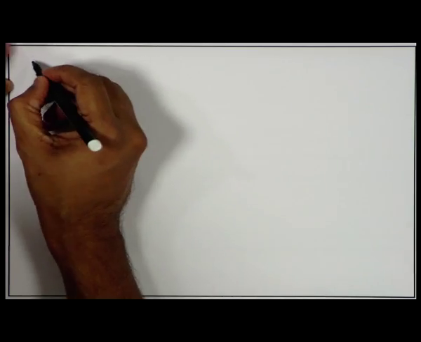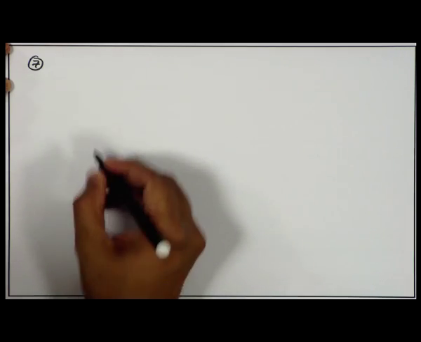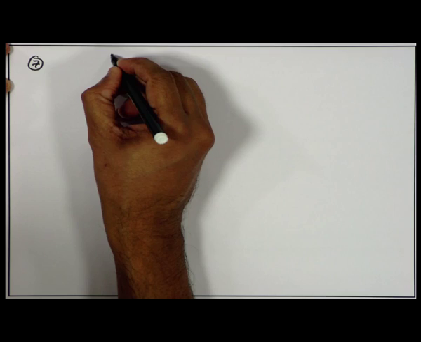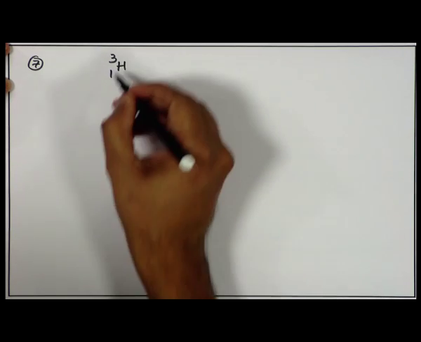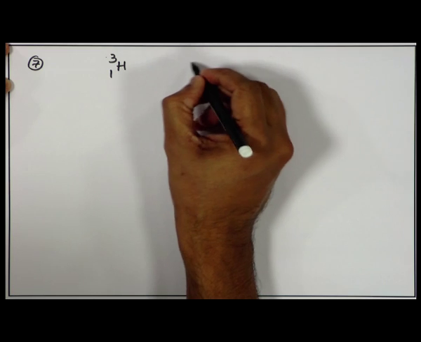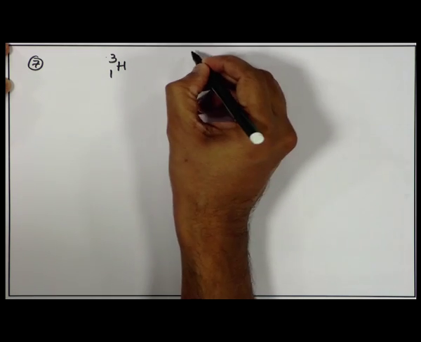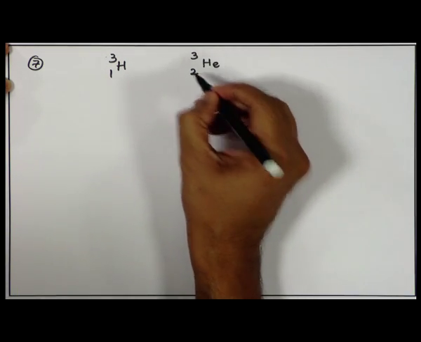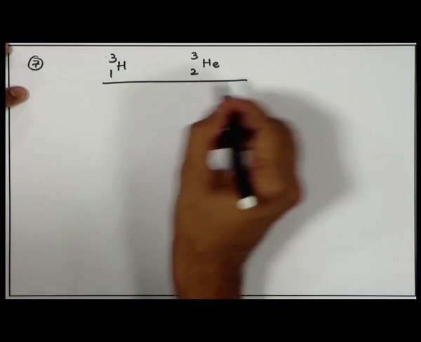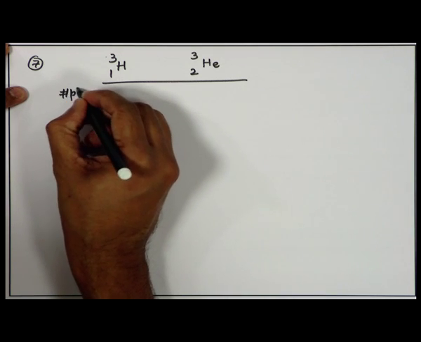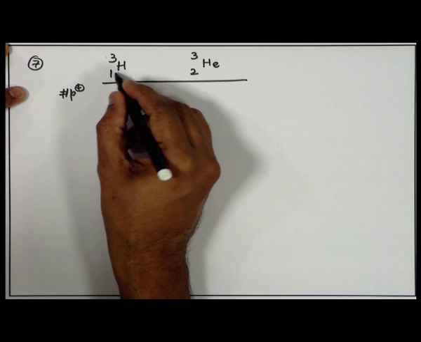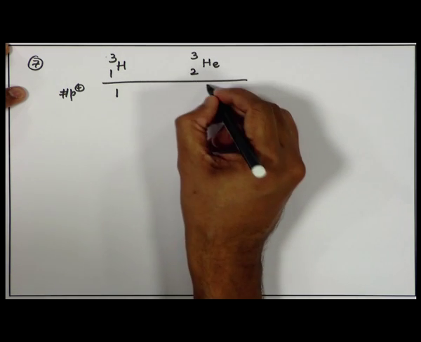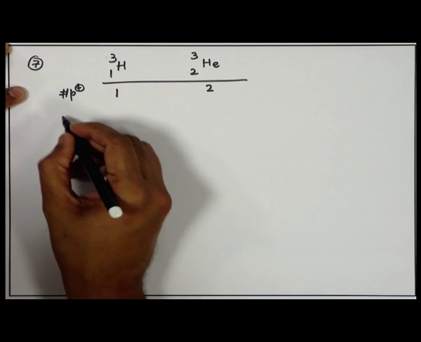Let us take one more example. This time, this is hydrogen 3, and I am going to compare it with helium 3, but helium's atomic number is 2. Again, let us write down the number of protons. The number of protons in this case is 1, and in this case is 2, because this is helium.